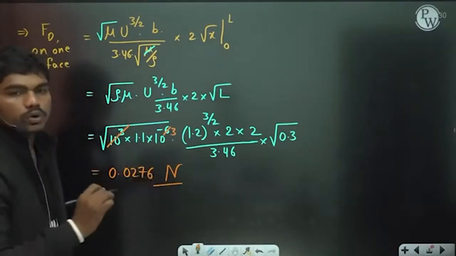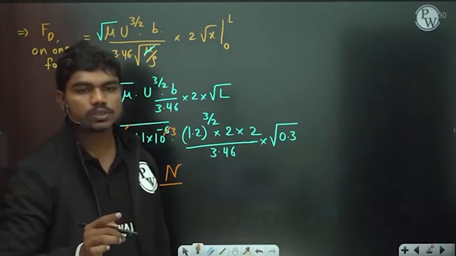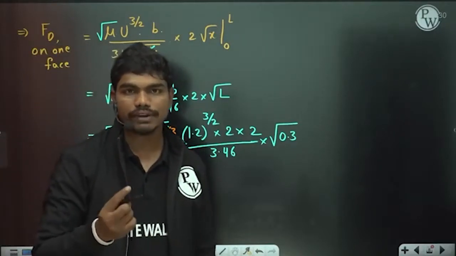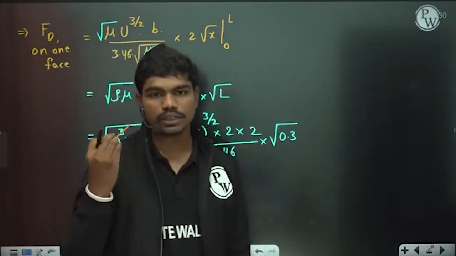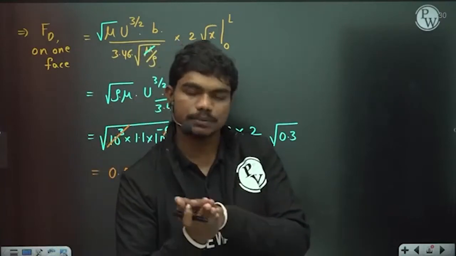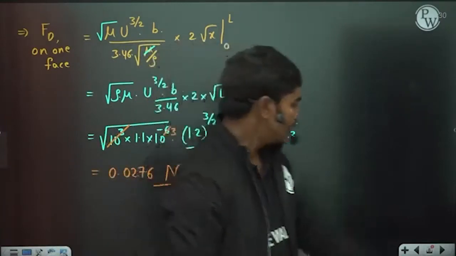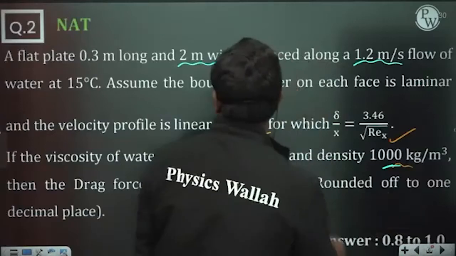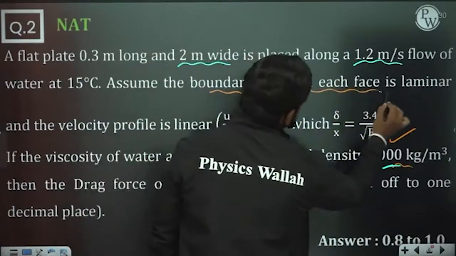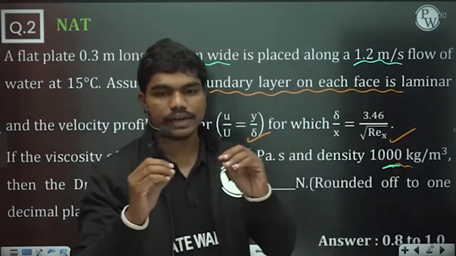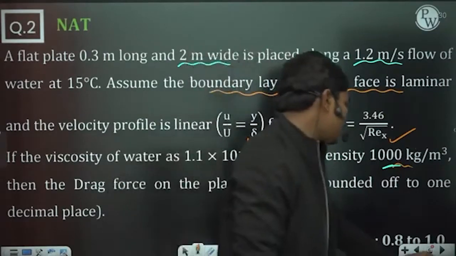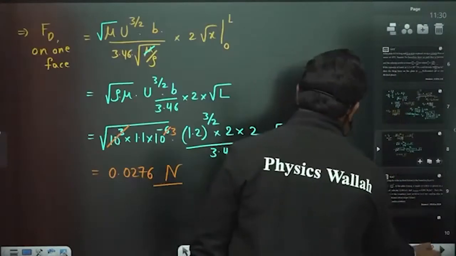But this is only for a single phase, correct? Only one phase. Now, both sides of the plate are actually exposed to the fluid flow, correct? It's given, assuming the boundary layer on each face is laminar. So basically, the fluid has two phases. So if you simplify this result, let us see what turns out.